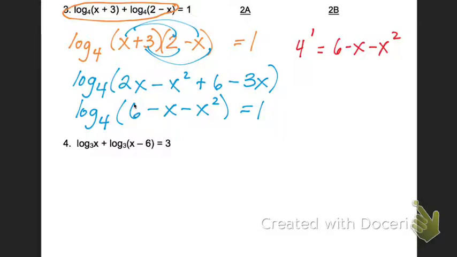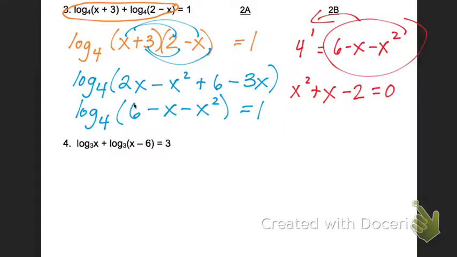Then I want to deal with a positive x squared when I'm factoring because I don't like negative x squareds. So I'm going to move everything over to the left: x squared plus x, and then 4 minus 6 would be what? Minus 2, good, equals 0.